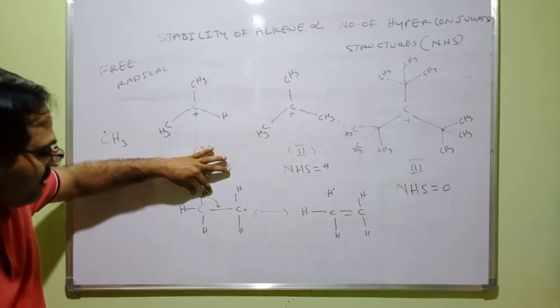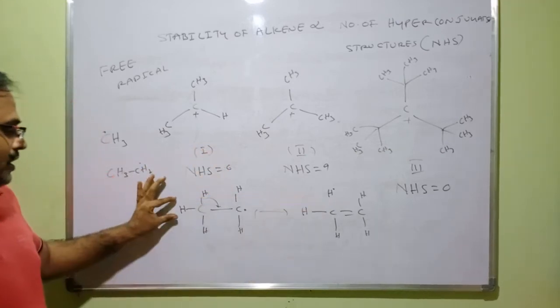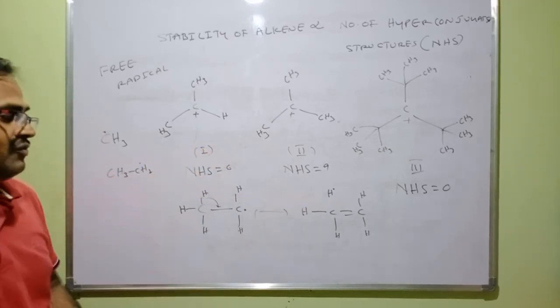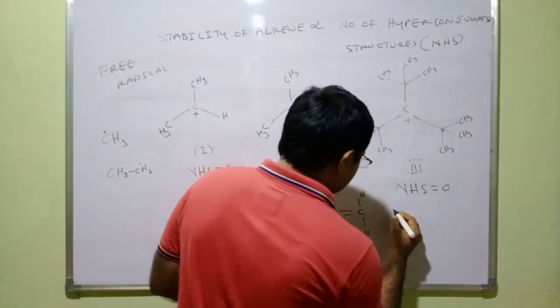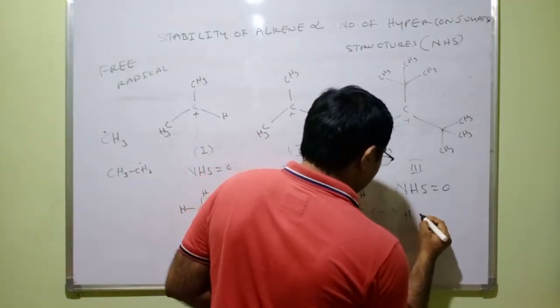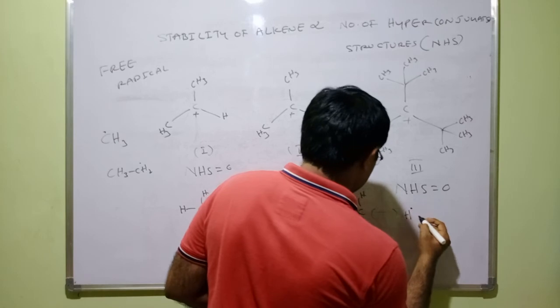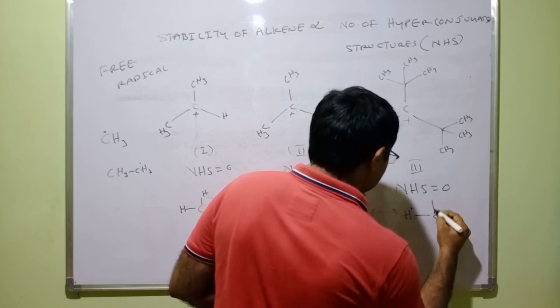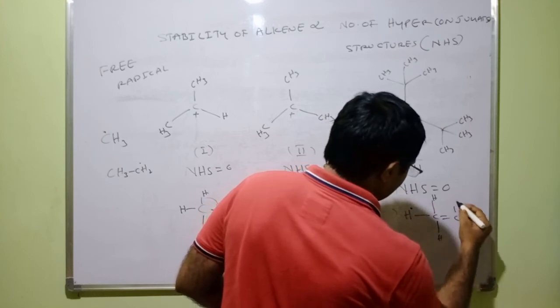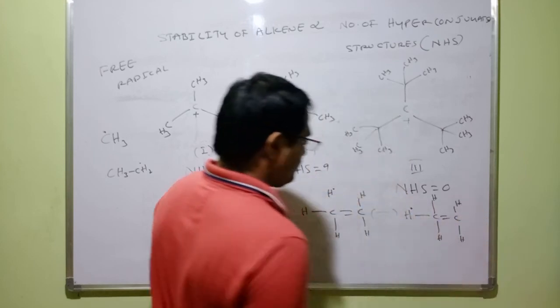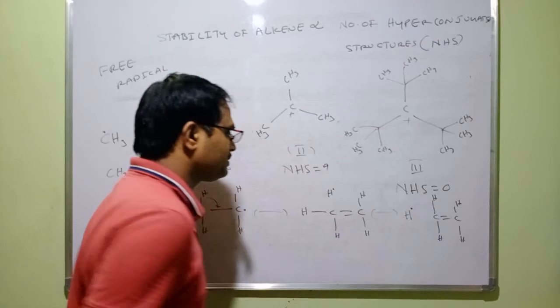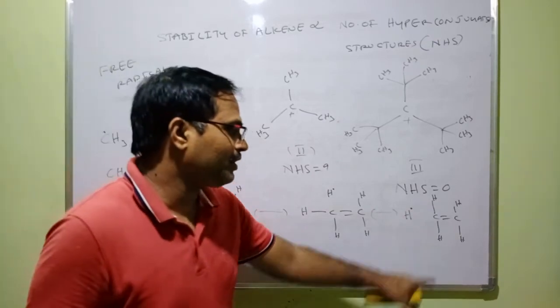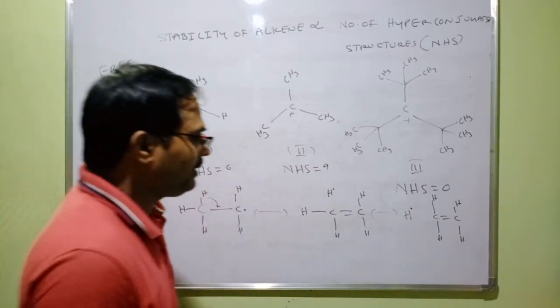So this is one hyperconjugated structure. We can also write with this hydrogen and this hydrogen, then you will get three hyperconjugated structures. This is the second hyperconjugated structure for that free radical.